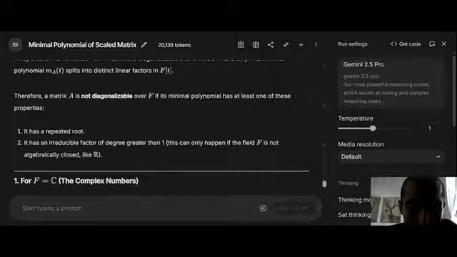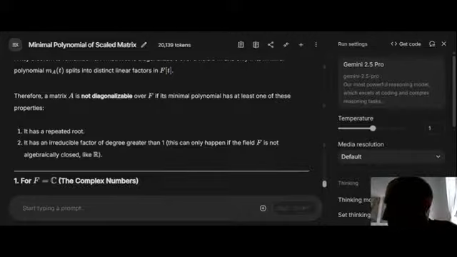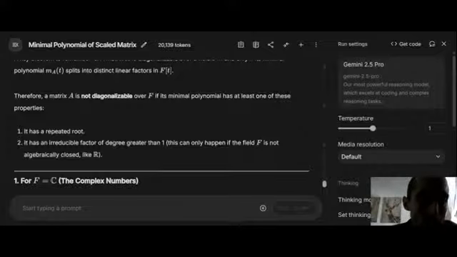A matrix whose minimal polynomial has a repeated root is not diagonalizable. No, it's because we have a Jordan form, which is a Jordan block of size 2, so there is an element that is not 0 on the superdiagonal, so it cannot be diagonalizable. That's why when we have a minimal polynomial with a repeated root, it cannot be that the matrix is diagonalizable. Very nice.